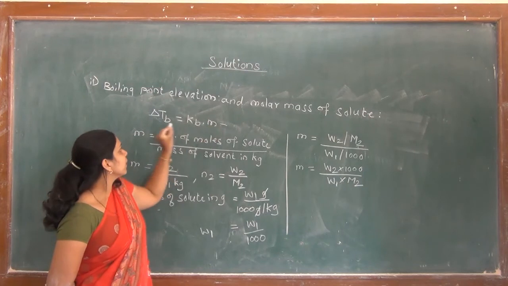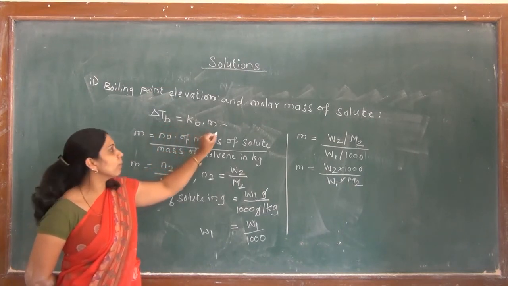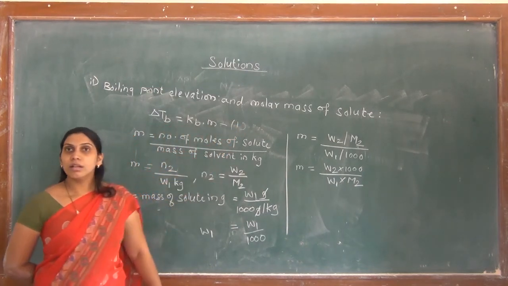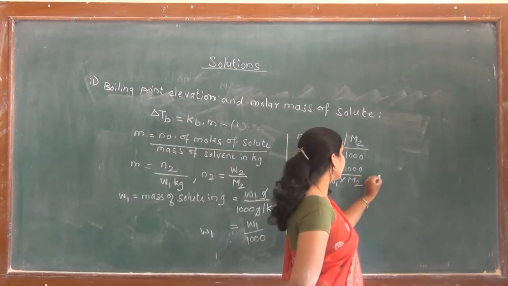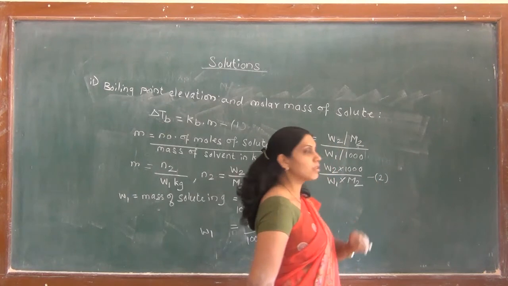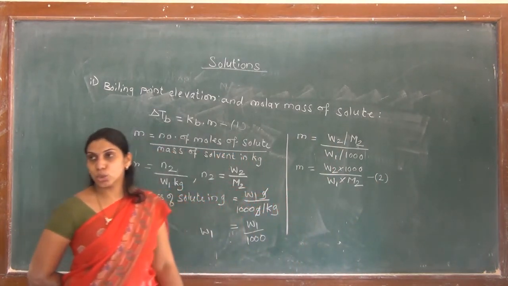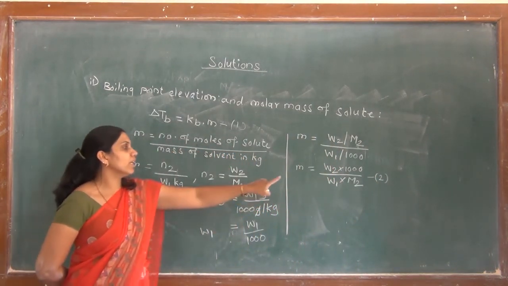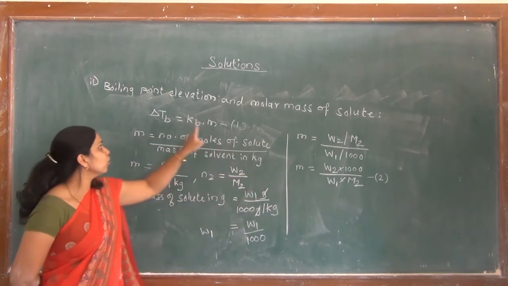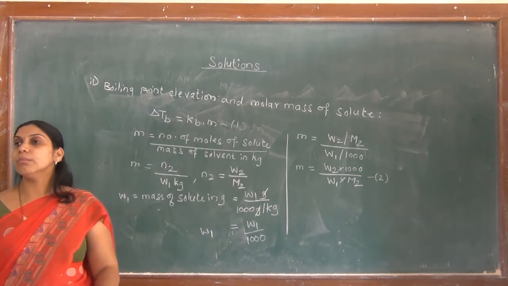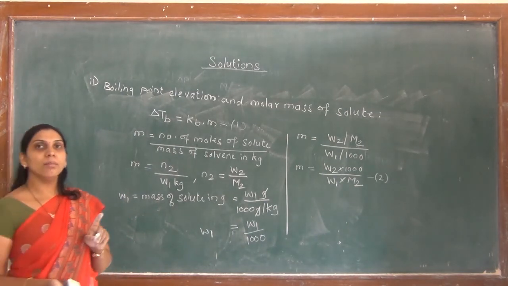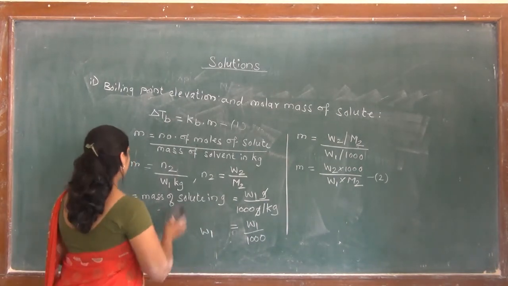For that we have the equation delta Tb is equal to Kb into m. Consider this as equation 1 and the equation for molarity as equation 2. Substitute equation 2 into equation 1. We will get the relation between boiling point elevation and molar mass of solute.